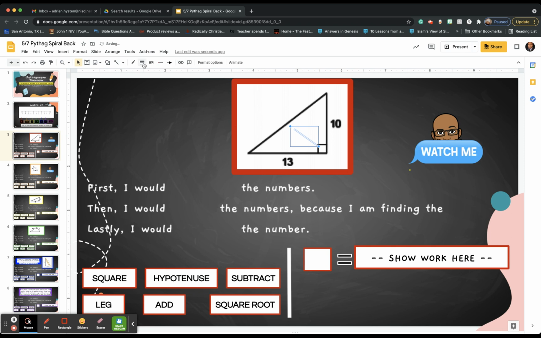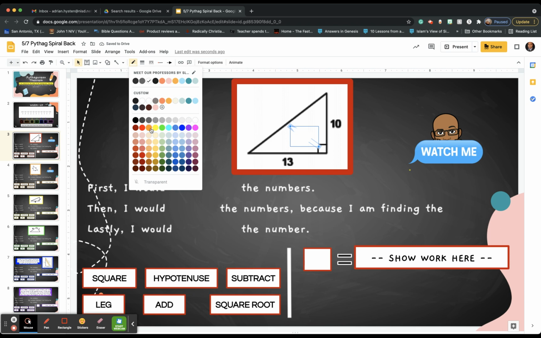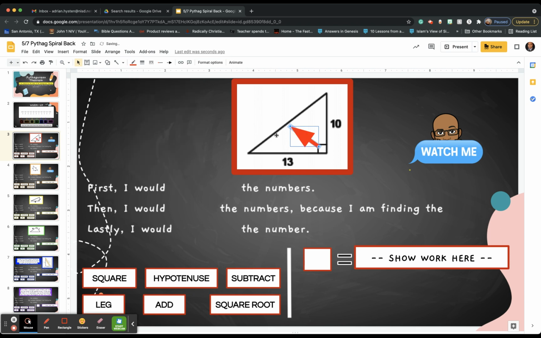There we go. So we used to draw an arrow, and this arrow was always opposite the right angle. So I have my right angle, and I draw it pointing towards the opposite side. So this side here is my hypotenuse, and that's the side I need to find.